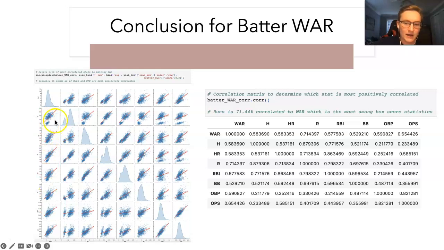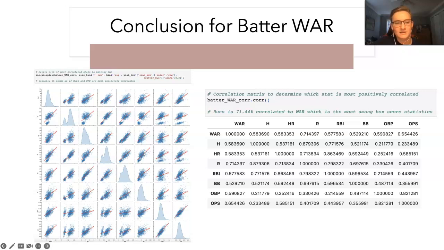And hits were pretty high as well. And it turned out that runs were actually the most correlated to WAR in the last 5 years, which I found really surprising and interesting. Right behind that was OPS, but runs at 71.44% was the most in the last 5 years.